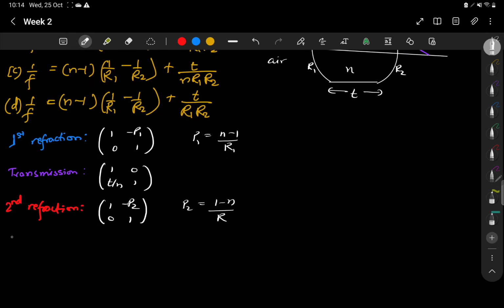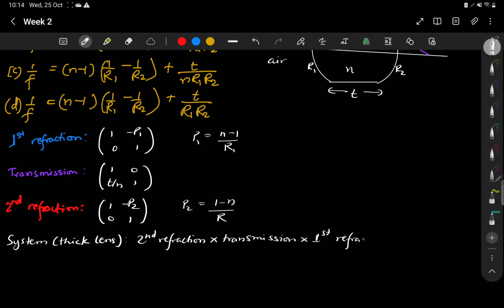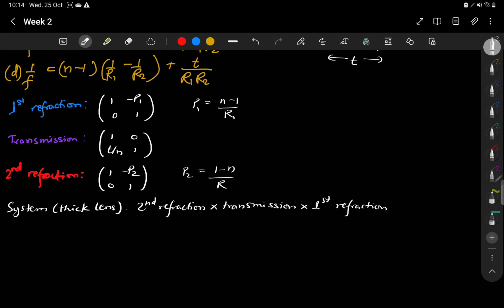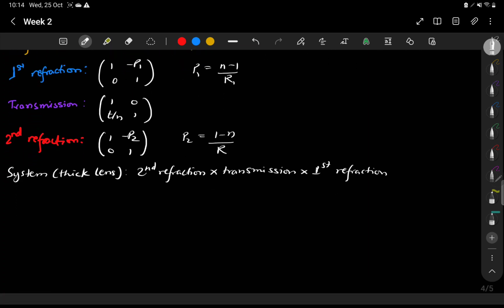So the system matrix for this thick lens would be second refraction times transmission times first refraction. So M is what?